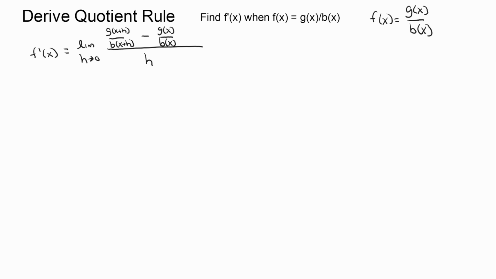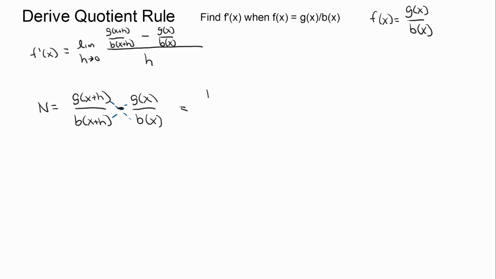So here, if we just extract the numerator for right now, we have g of x plus h divided by h of x plus h, minus g of x divided by h of x. The way to combine these fractions very easily is by using the cross multiplication method, where we multiply the diagonals together and then subtract them because we have a minus sign in the middle.